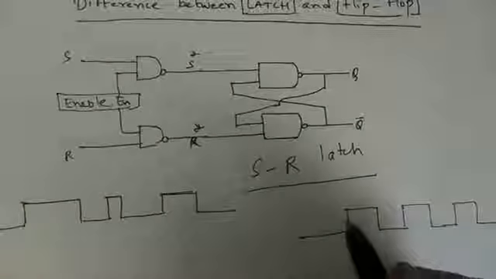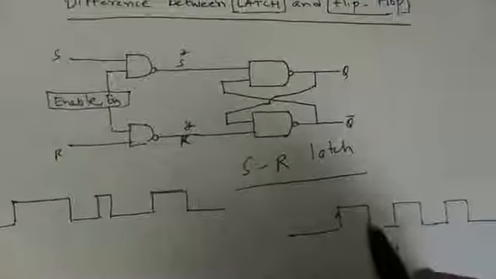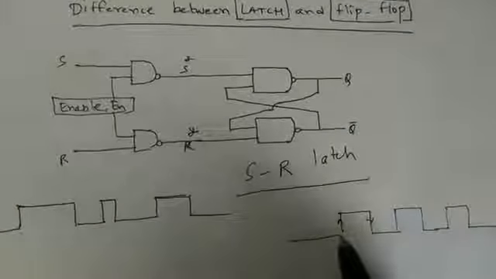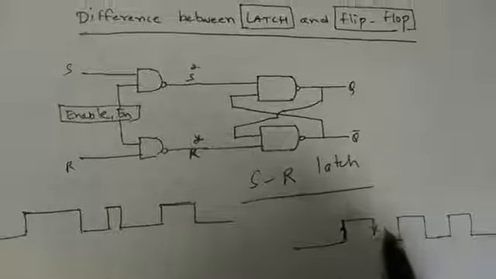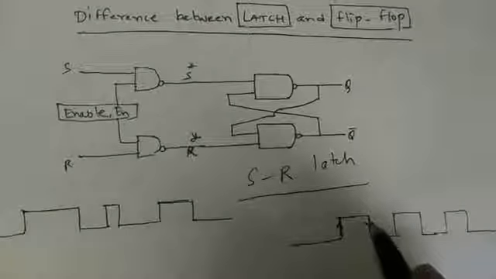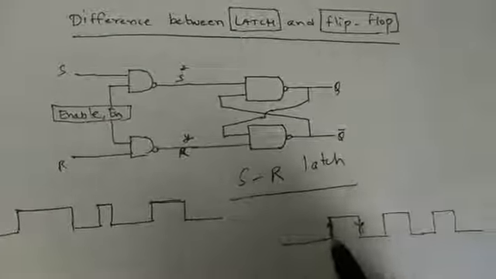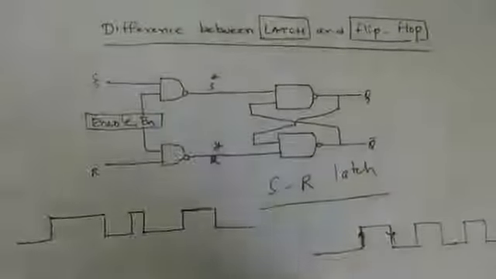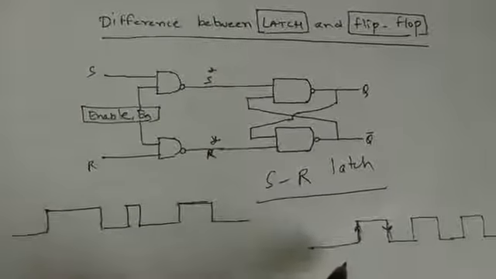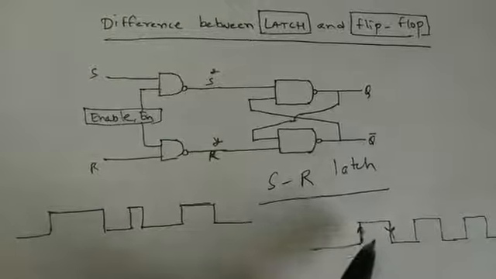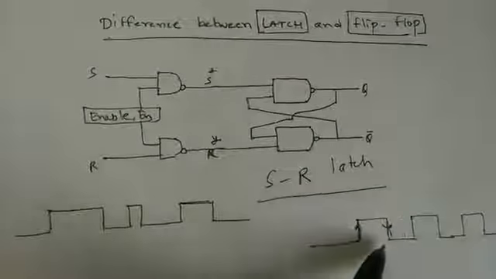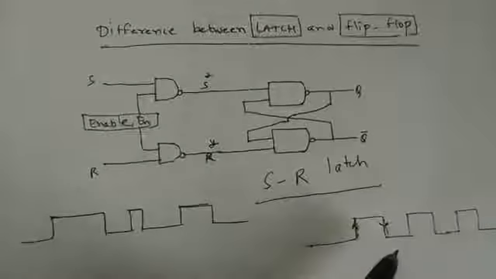And here you can see that the clock has two types of edges: this is the rising edge, this is the falling edge. So the triggering that occurs can be from low to high, or when the clock pulse goes from high to low.